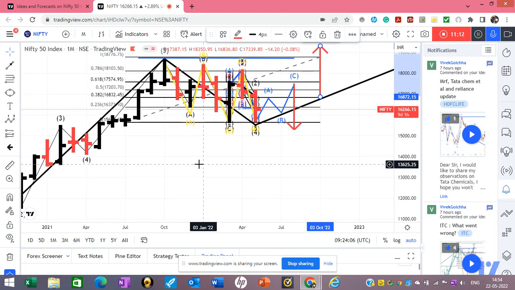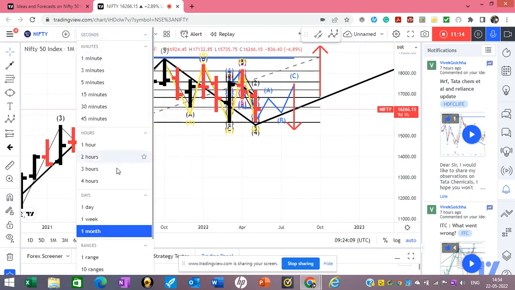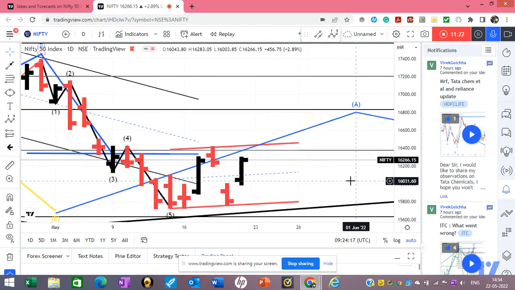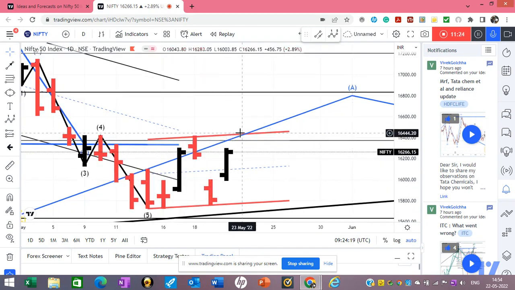There's one more thing in Nifty which I'm seeing on a daily chart. This pattern: one, two, three, four, five, A, B, and C. So I'm expecting Nifty should touch this much, 16,437. And since it is an ABC correction happening within parallel lines, I expect Nifty to go down this way.